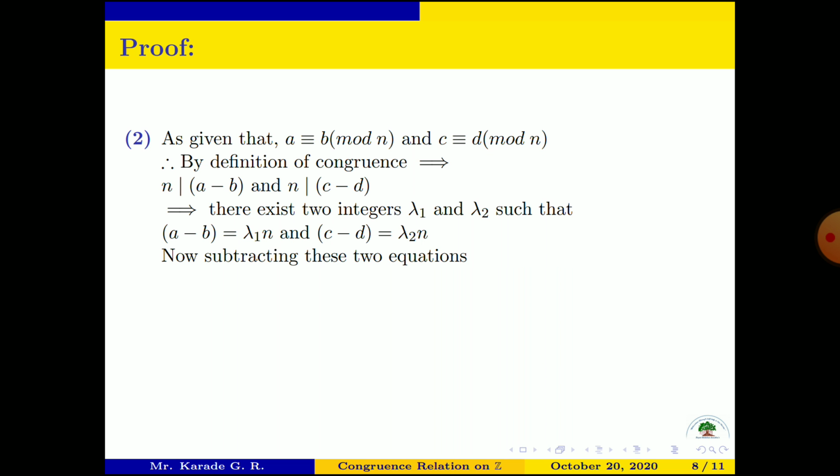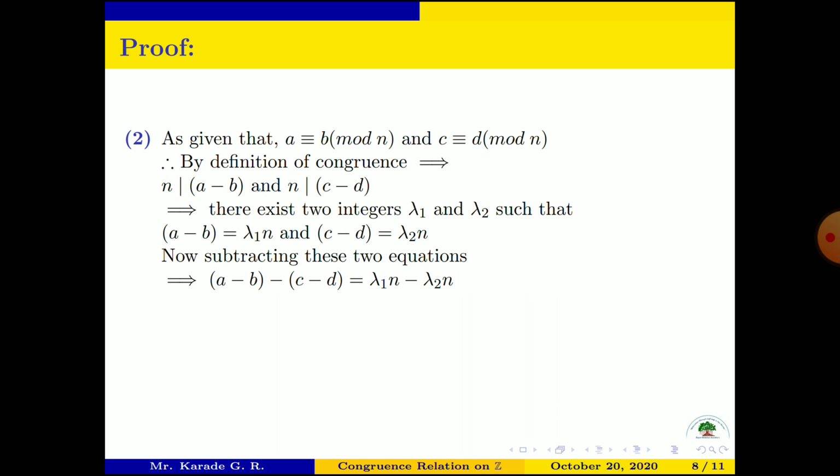Now subtracting these two equations, subtract left hand side from left hand side and right hand side from right hand side. So a minus b minus c minus d is equal to lambda 1 n minus lambda 2 n.